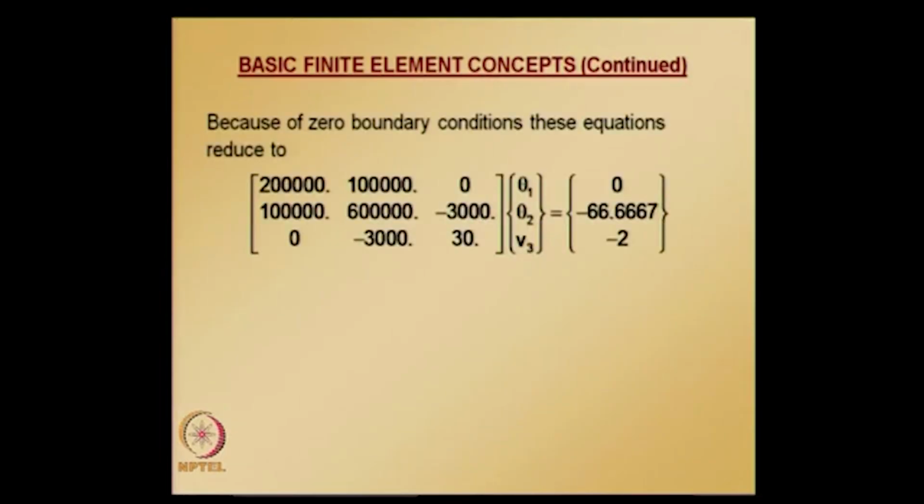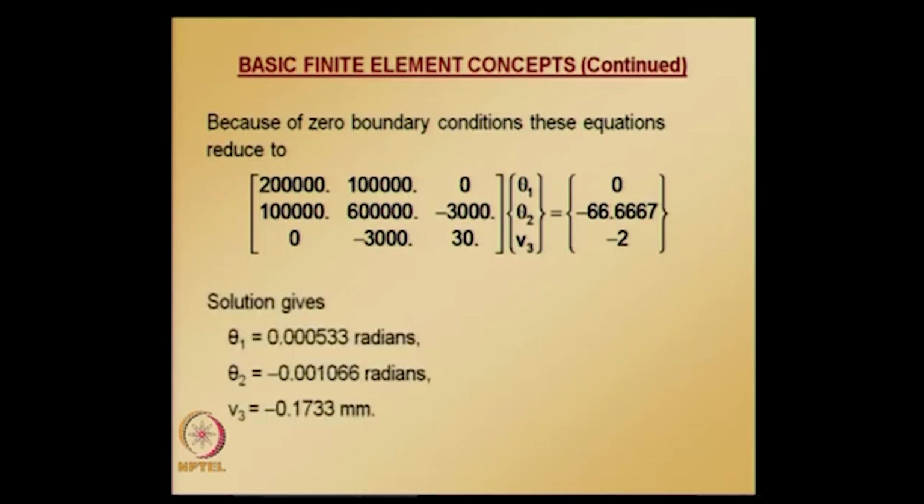So, this is the reduced equation system, and solving this, please note that rotations will be in radians and transverse displacement will be in millimeters. So, we got all the nodal values: V1 is 0, theta 1 we just calculated, V2 is 0, theta 2 is calculated, V3 is calculated, whereas theta 3 is 0.